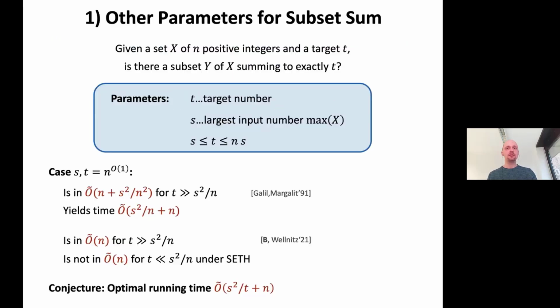Can you maybe say briefly something about why it helps that your target is large? It's kind of counterintuitive in comparison to the previous runtime. So it helps if the target is close to half the total input sum.